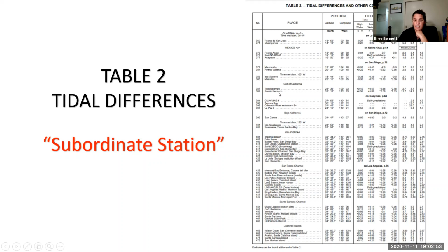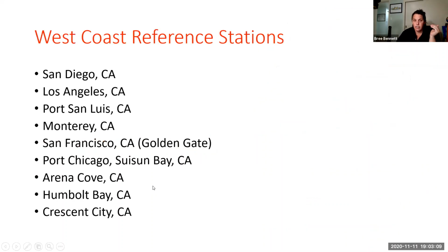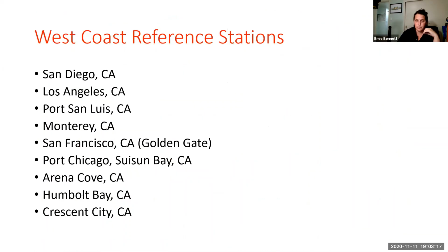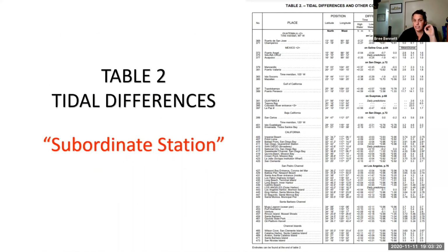It is a list of many subordinate stations. So it is the tidal differences, table 2, tidal differences from the reference station. So we have our reference station with the daily values, and then our kind of corrections, if you will, or our subordinate stations, give us a big long list, so lots of detail.